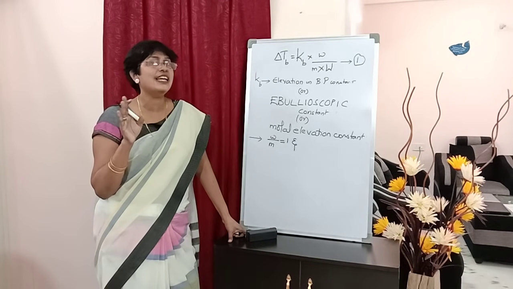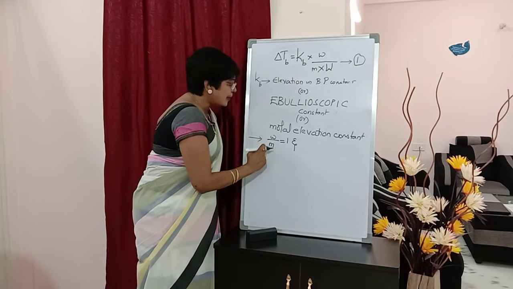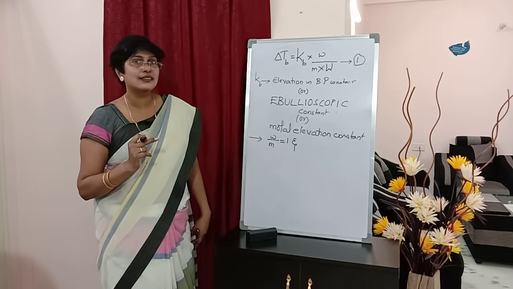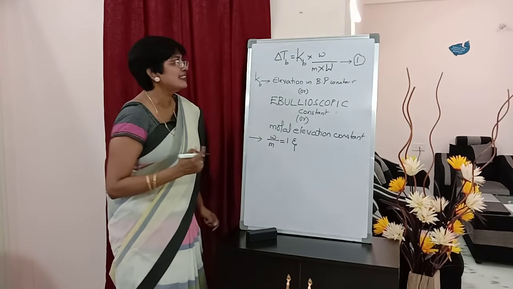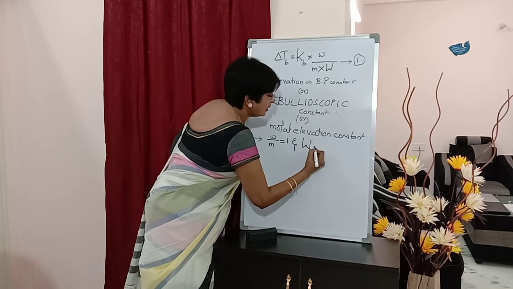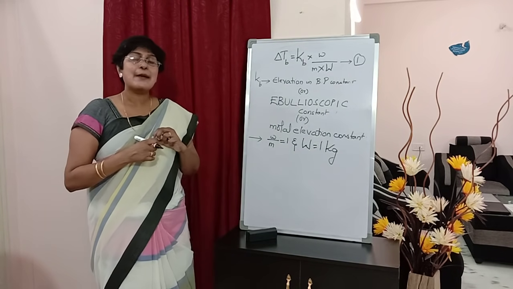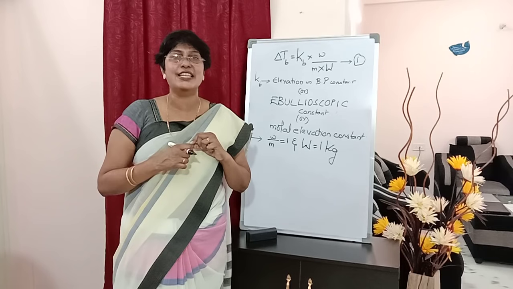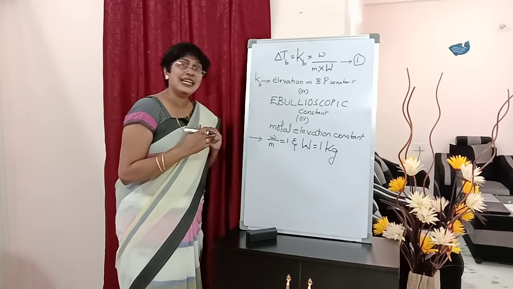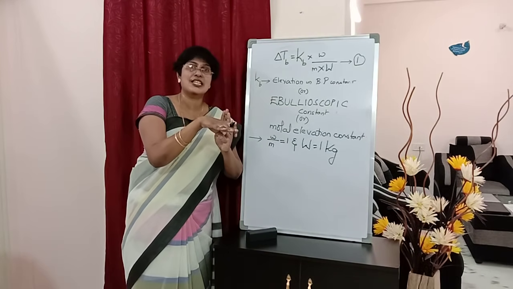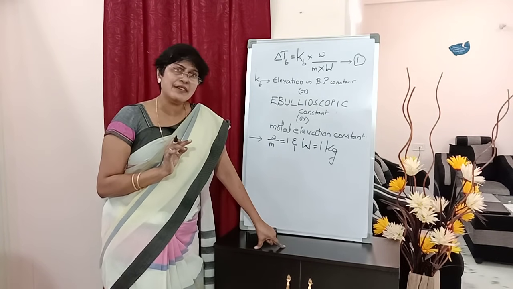It's quite interesting and easy also. I will make this derivation easy. If we are adding an if clause, small w by small m is equal to 1 and capital W is equal to 1 kg, then equation 1 becomes, what? Shall I repeat once again?